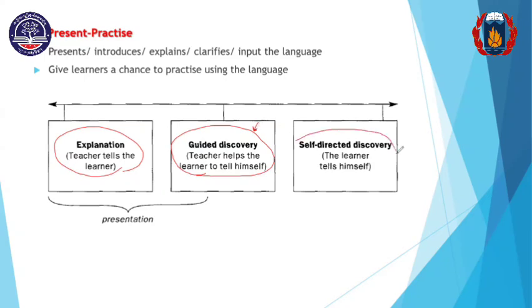And then in self-directed discovery, the learner needs to use their own language in written or spoken form. Why are these first two stages labeled as the presentation stage? Because in guided discovery, sometimes the students didn't get the sense and concepts in the explanation stage, so at that time the teacher can explain in the guided discovery stage.